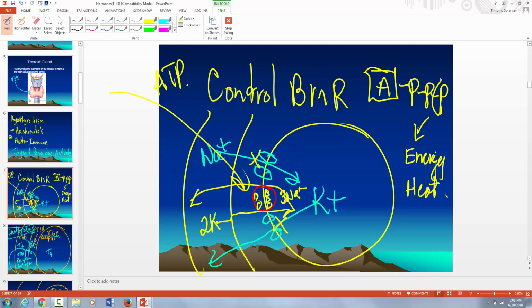So what that means is if they become less leaky, the pump doesn't have to work as much. So you won't be using as much ATP at rest than you normally will. And the result is that there will be a drop in your basal metabolic rate.